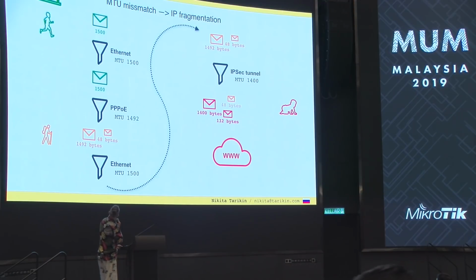So let's say starting from 1,500, passing into Ethernet, then after PPPoE it breaks into 2 packets, then Ethernet, no filter here, so all packets come here, and after that you will have an IPSec tunnel with MTU 1,400. So at the end you will have 3 packets.